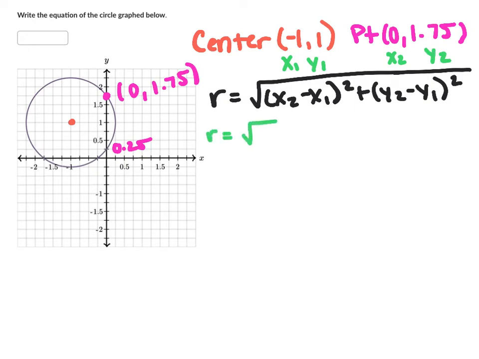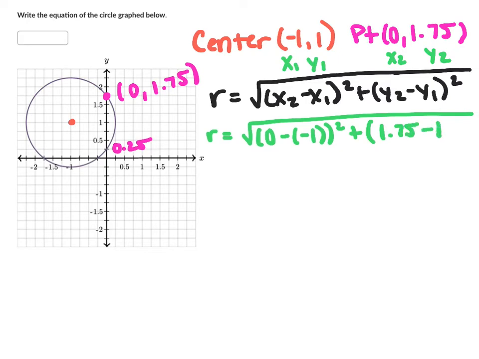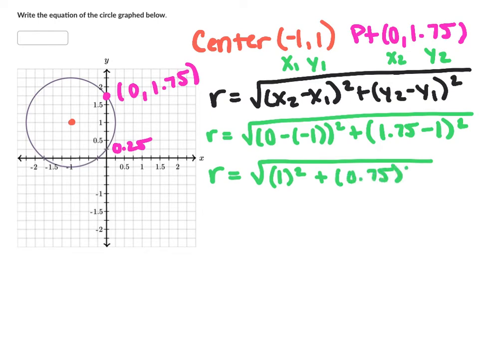So it becomes the radius equals the square root of 0 minus -1 squared plus 1.75 minus 1 squared. So the 0 minus -1 becomes just +1 squared, plus 1.75 minus 1 is just 0.75, squared. Now we notice that we have a decimal, however, long term is going to be easier if we change everything into a fraction.